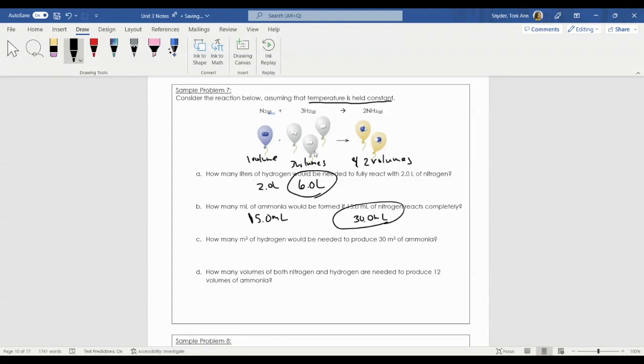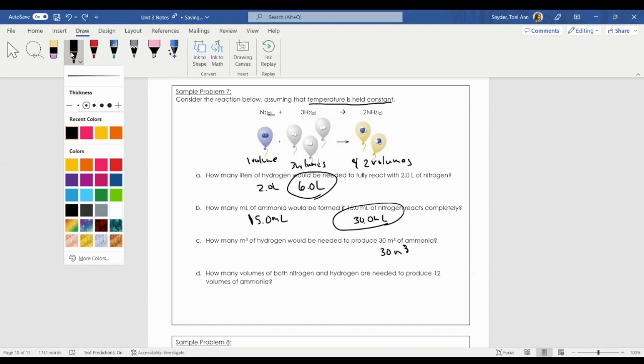How many meters cubed of hydrogen would be needed to produce 30 meters cubed of ammonia? This one's a little bit weird because it's not as straightforward. So I have a 3 to 2 mole ratio here.